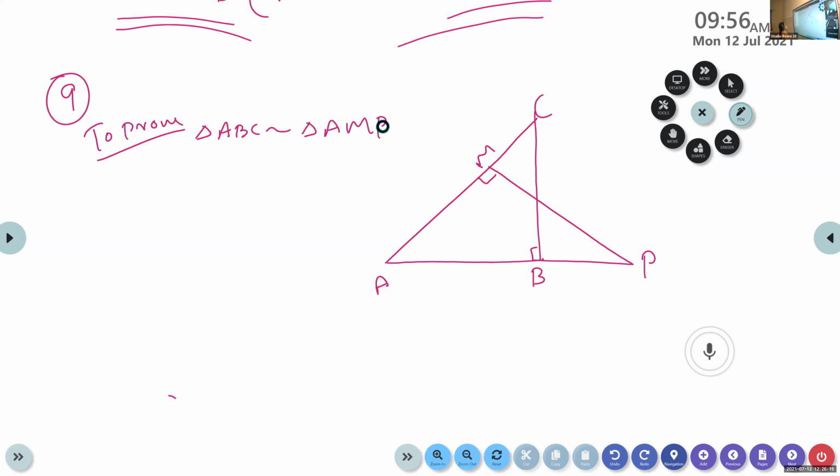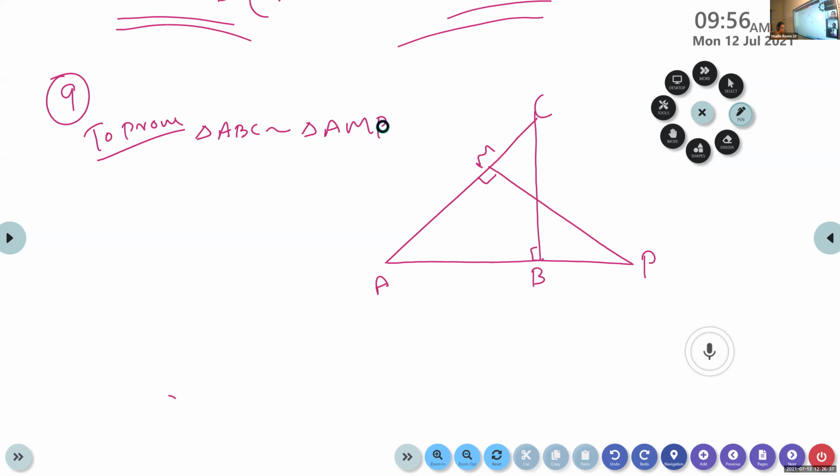Can you find any reason for its similarity? Yes, Shania, say if you know. Angle common.